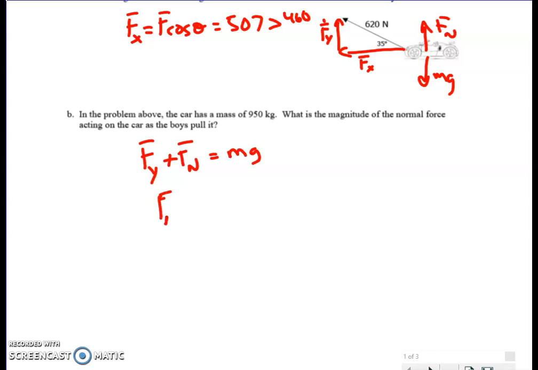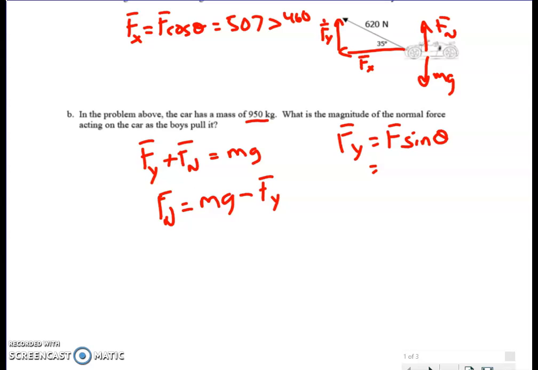So the normal force is equal to the weight, which you calculate separately, which is around 9,400, whatever that is, minus the y component of the tension. And somewhere you had to find a y component, saying it's F times the sine of the angle.